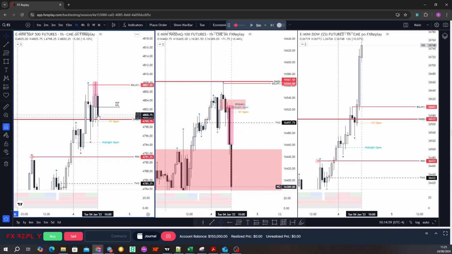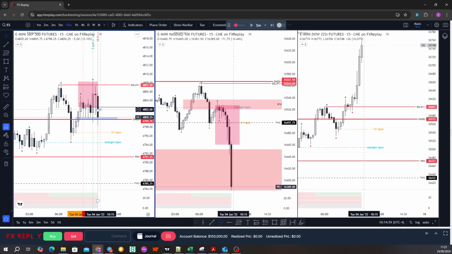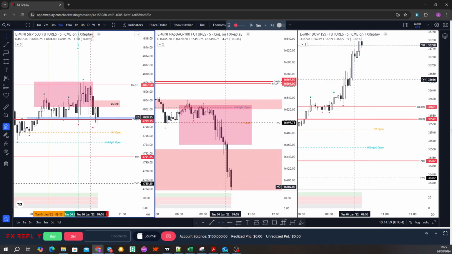That, not sure if it's traded through here. Let's check what time's this candle. So it's 9:55. Confirmed it and then traded below. So drop it down to the 5 minute. What have we got?